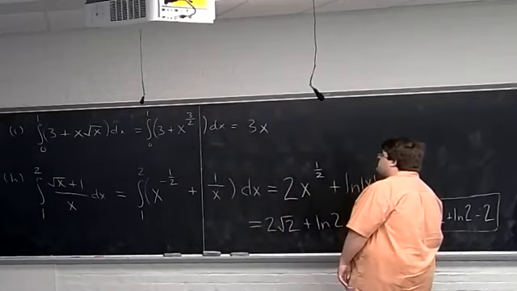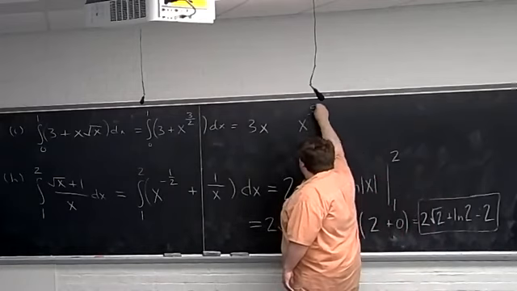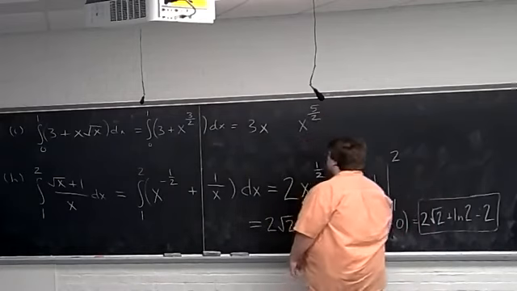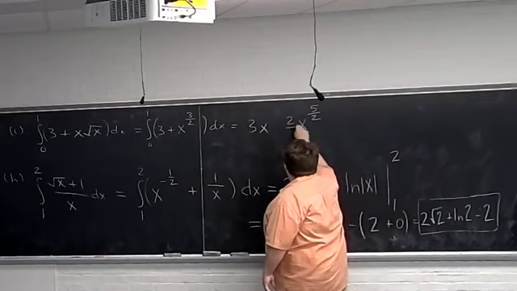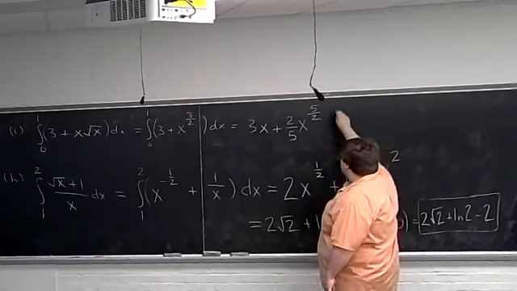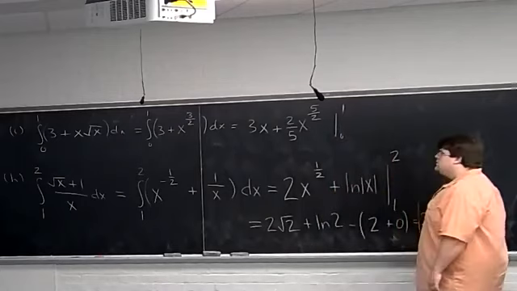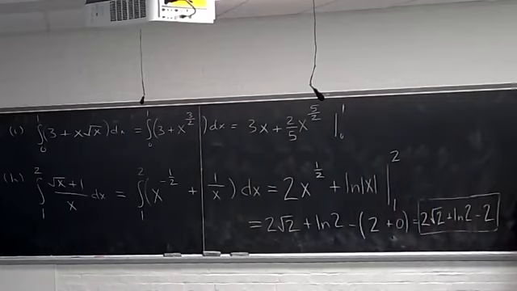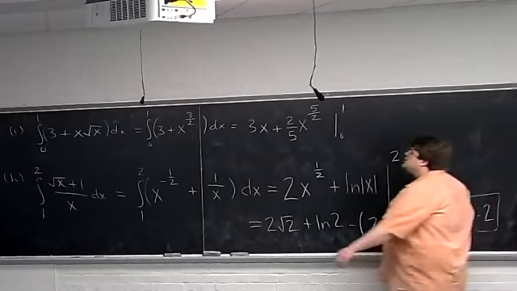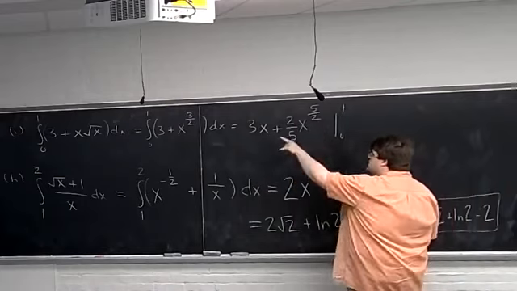How about x to the 3/2? 3/2 plus 1 is 5/2. Divide by 5/2 gives you 2/5. There's a positive sign. Evaluate from 0 to 1. Take the derivative of this, you do get 3 plus 5/2 and 2/5 cancel. 5/2 minus 1 is 3/2.